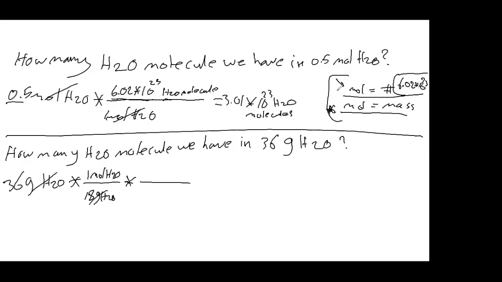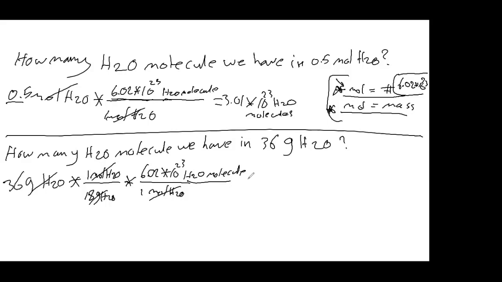So how will you write down this factor right now? I will put the 1 mole H2O in the bottom, and the number 6.02 times 10 to the power 23 H2O molecules in the top, to cancel mole H2O with mole H2O. Now I'm fine.